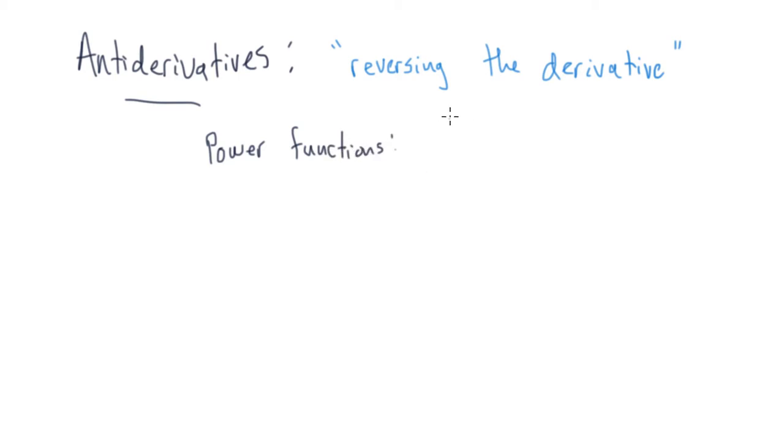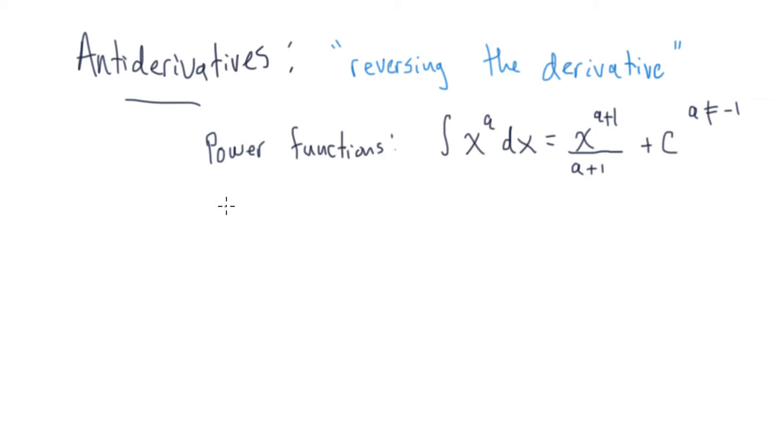We have seen that if I have something like x to the a and I want an antiderivative, well, all I do is add 1 to the exponent and divide by the new exponent. And this is of course true if a is not equal to negative 1. Okay, so we have this process of reversing the derivative for power functions.